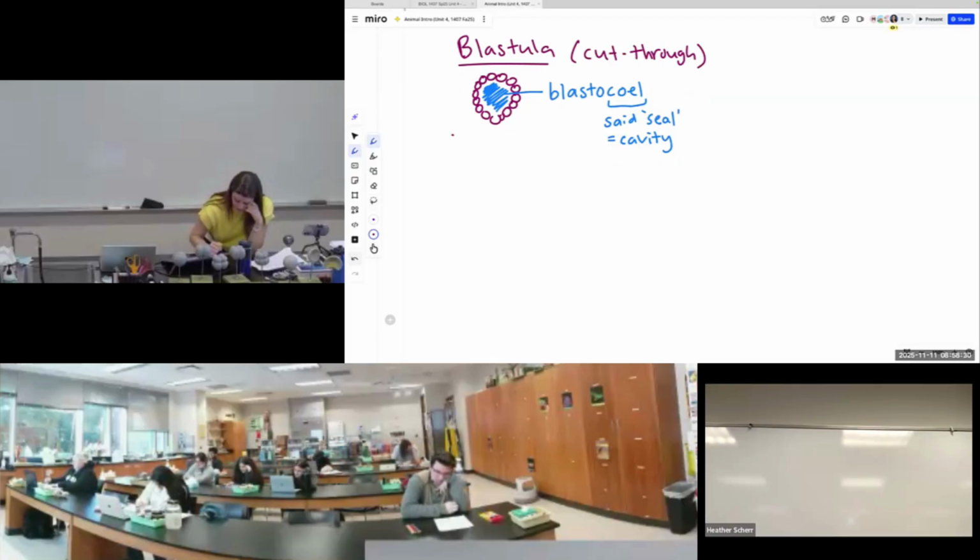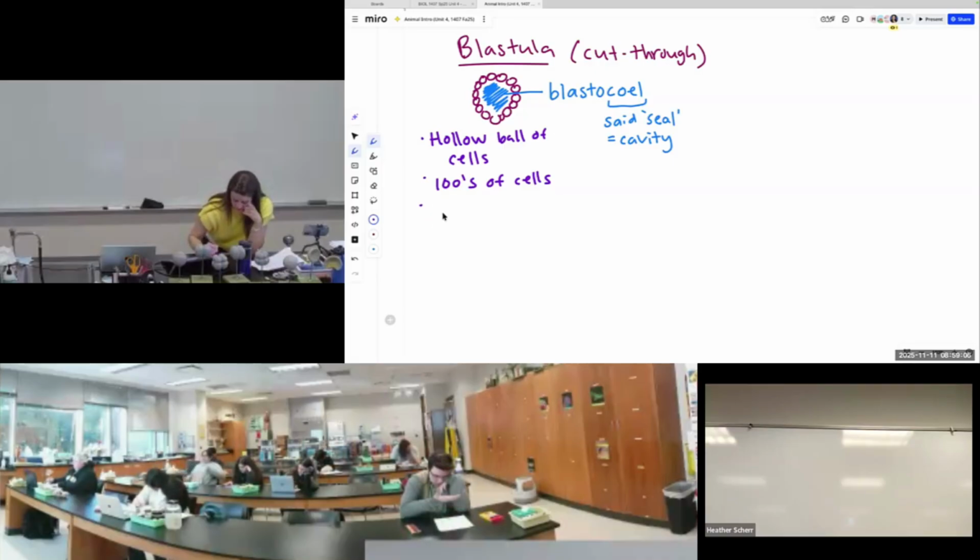And let's note that I kind of mentioned this before, but the blastula is a hollow ball of cells. The inside is full of fluid, though. It's not empty space, mostly water. So it's hundreds of cells by the time it gets to blastula. And at this point, it's relatively undifferentiated.